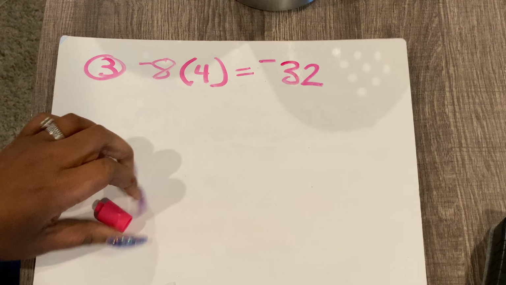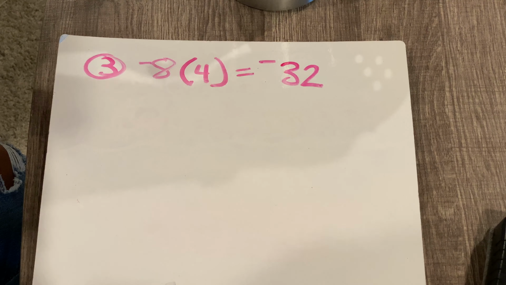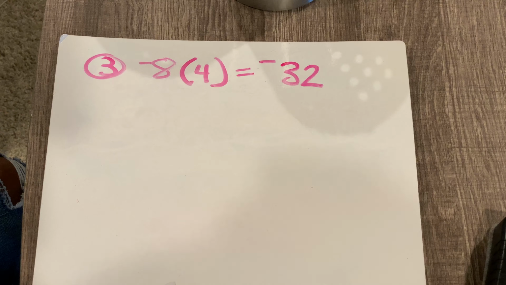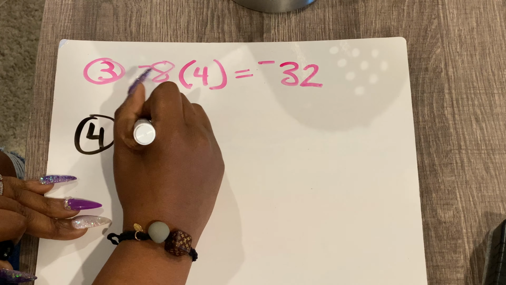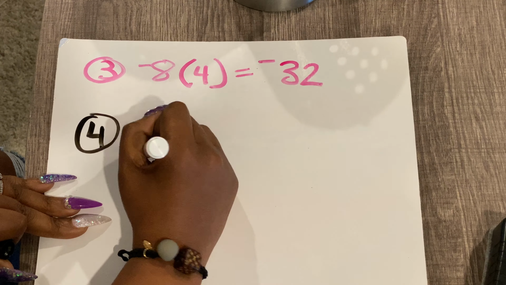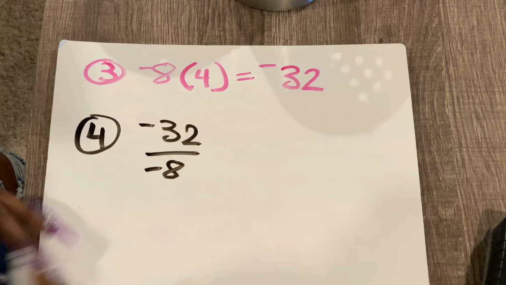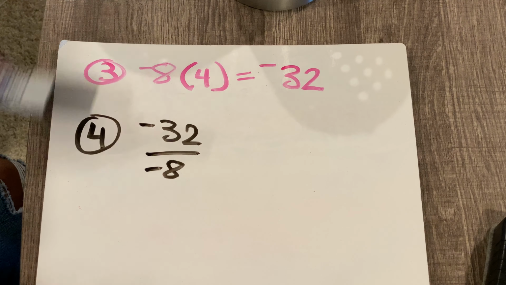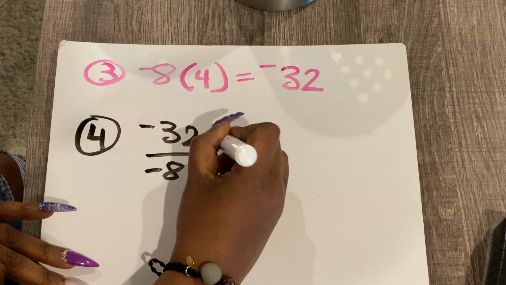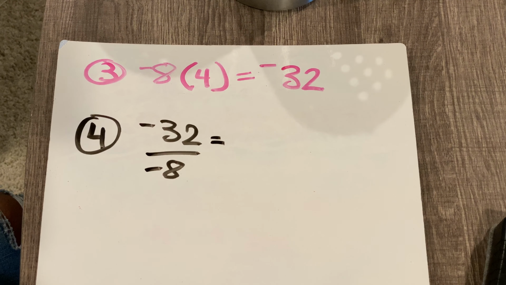So the multiplication thing, okay, I get it, Miss T. That makes sense to me. What if Miss T did something like this? Oh boy, Miss T done threw something in there. Negative 32 divided by negative 8.